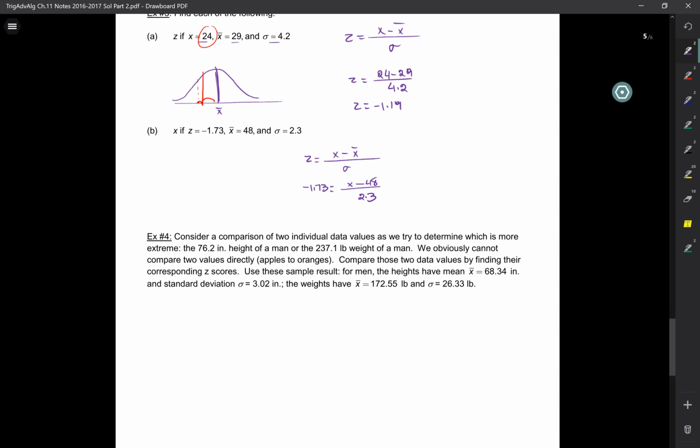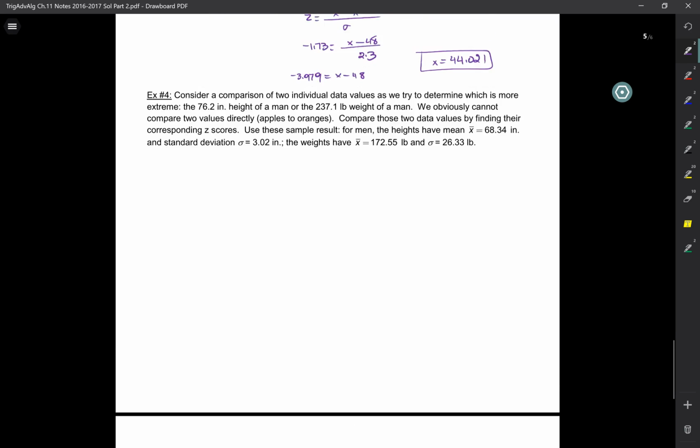So we multiply by 2.3, and I get that negative 3 is equal to x minus 48. And I'm going to add 48 to both sides. So x is equal to 44.021. Okay? Questions?